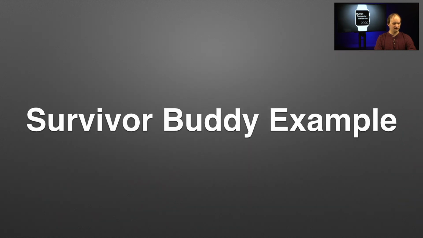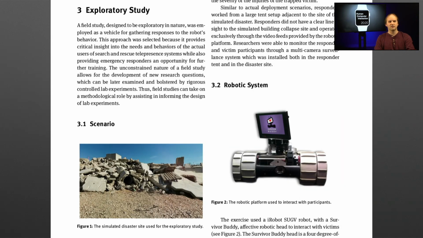So another example I'll show you. This is an example from some work I did when I was an undergrad with the Survivor Buddy robot. And this is a kind of field study where we looked at behavioral data.